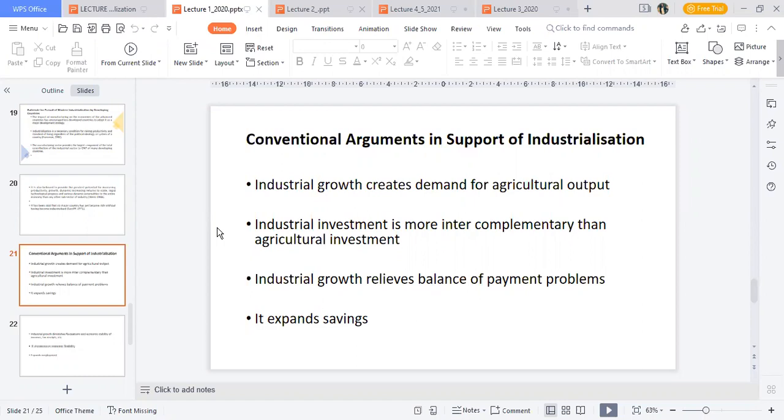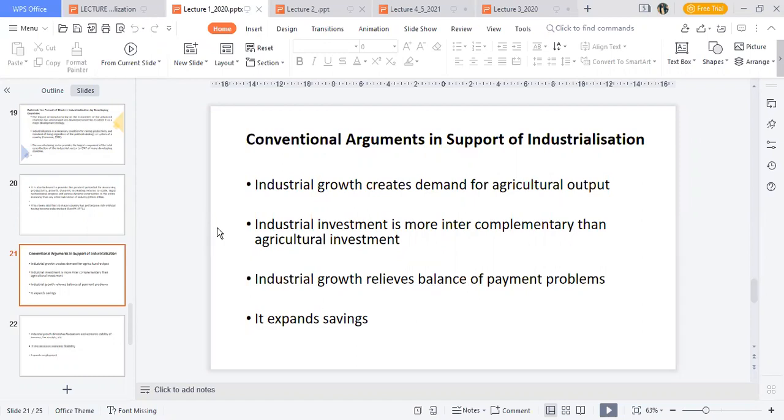We say that it provides industrial goods demand for agricultural outputs, meaning that if you have an industry in your country, when you produce maize, you have a company that will take the maize and process it so that some don't go to waste. When you have an orange farm, you're going to produce orange fruit. So you have a lot of companies, they will take the fruit and process it into fruit juice. That's the first one.